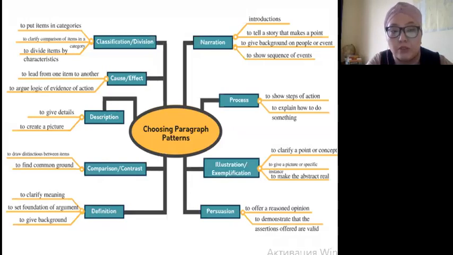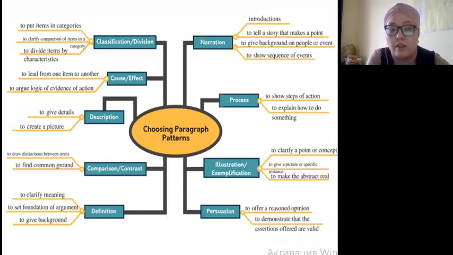And illustration, of course, is to clarify the point or conception, to give a picture of a specific instance, and to make the abstract real. And then by choosing paragraph patterns, you offer a reasoned opinion to demonstrate that the assertions are valid, and definition to clarify meaning, to set the foundation of arguments, to give background.